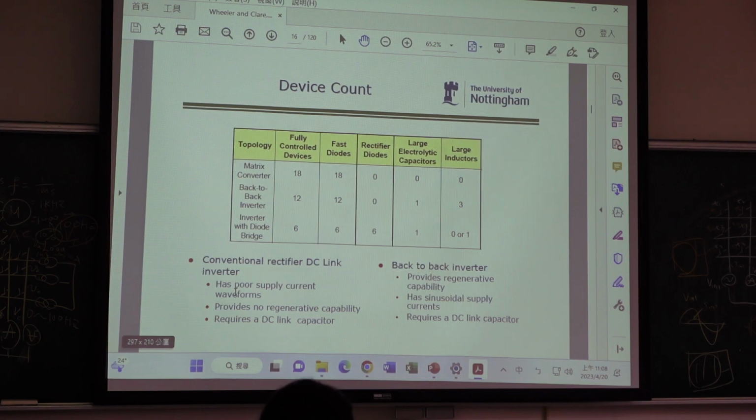So they have advantage and disadvantage. So the conventional rectified DC link inverter has poor input current. And we cannot do regeneration. So the energy cannot go back because the diode will block the energy. We need a huge DC link capacitor.